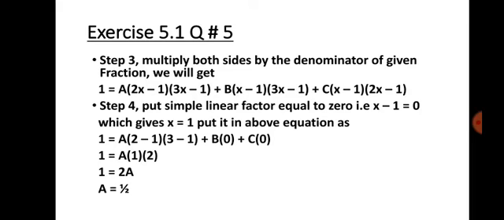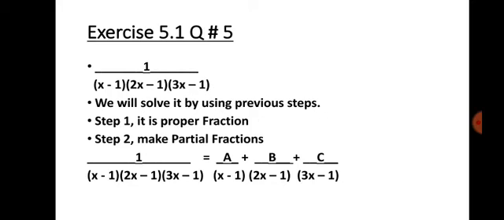When we multiply these three factors with A over x minus 1, x minus 1 will be cancelled out and the remaining factors will be 2x minus 1 and 3x minus 1.